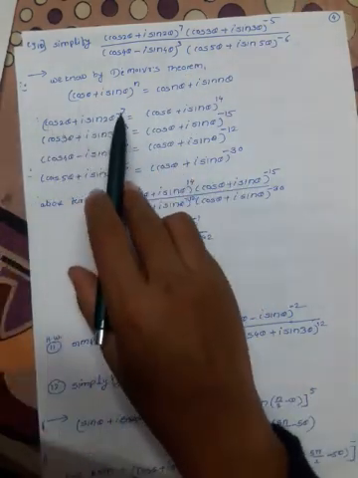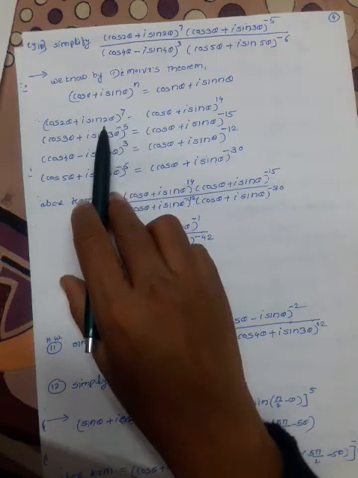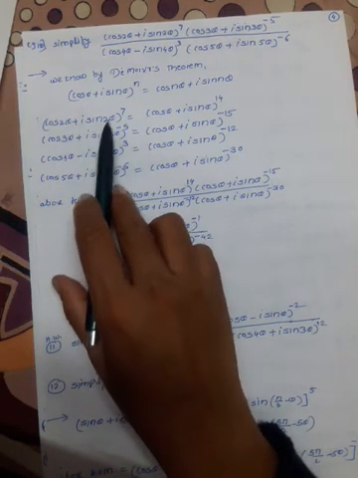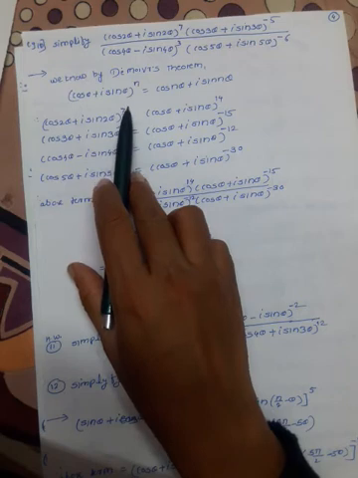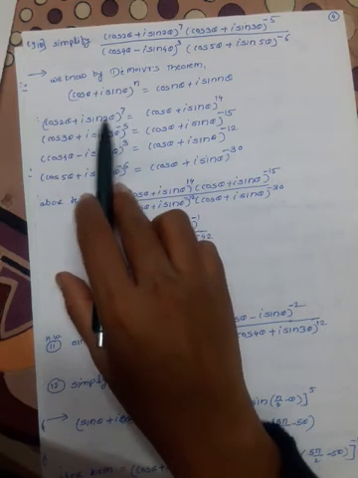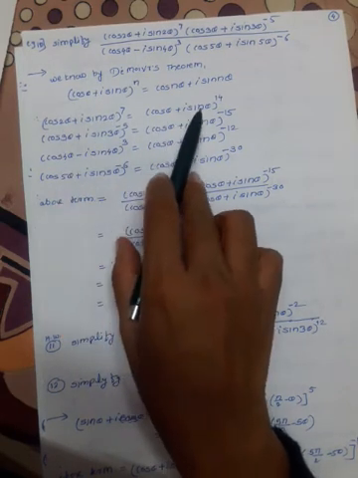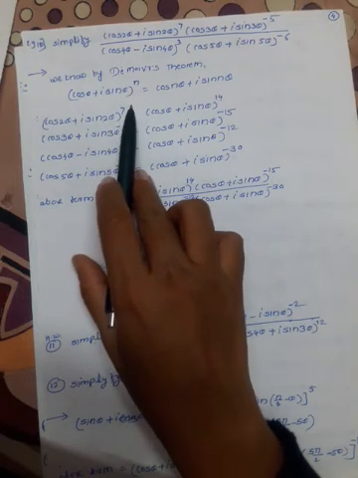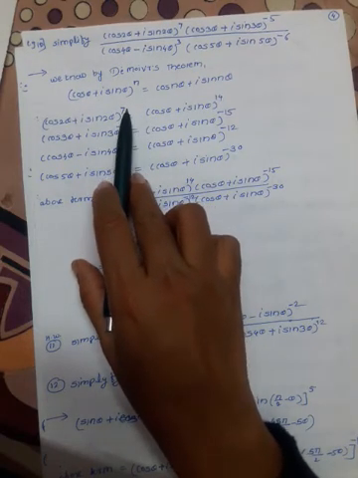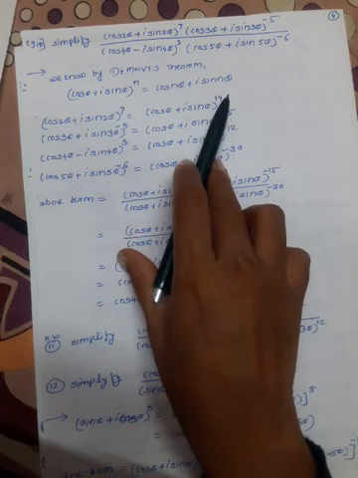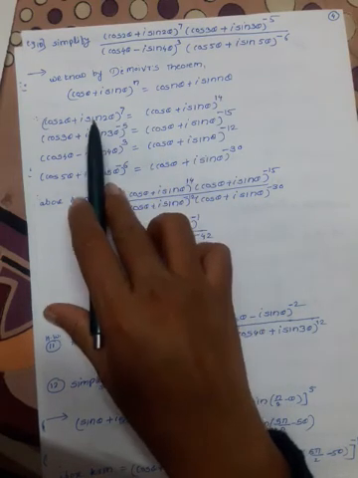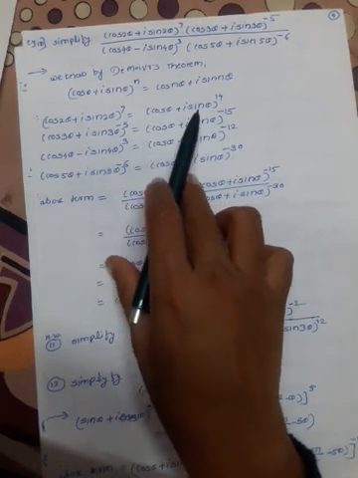Here we are not going to take this 7 inside. Instead, we take this 2 outside to the index using De Moivre's only. That's why it becomes (cos theta plus i sin theta) raised to 2 times 7, which gives 14. That's how we make this bracket simple.